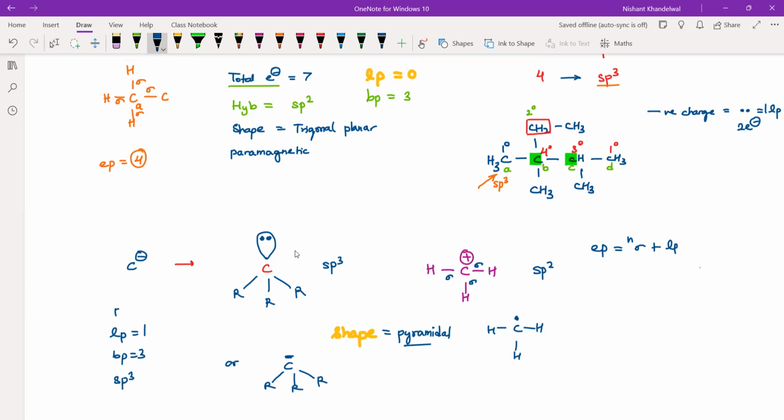And this is diamagnetic in nature, and this is a nucleophile because this is electron rich.